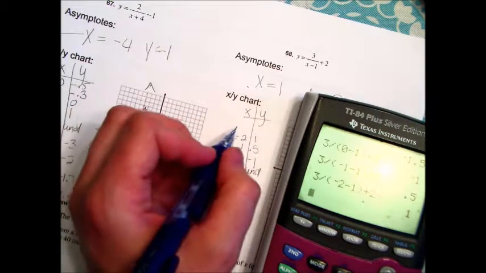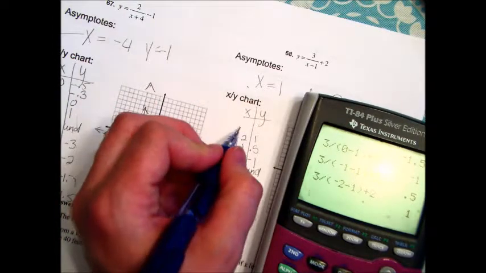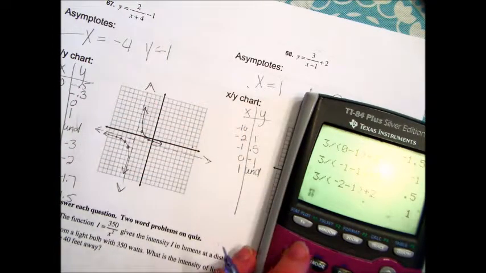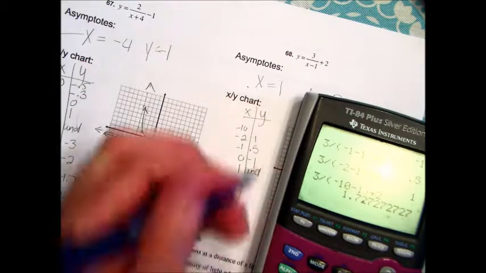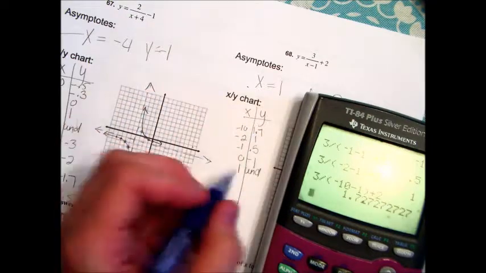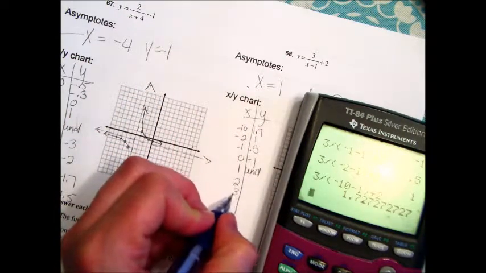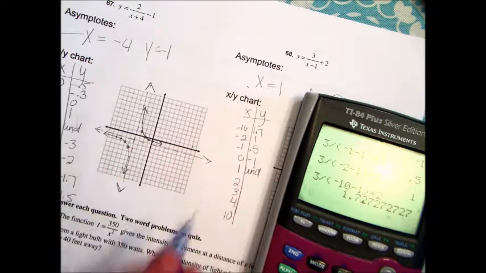1. You know what, why don't we try -10 just to see what it looks like. Positive 1.7. Okay. Let's get 2, 3, and 4 on here, and then let's jump to +10 and see what we get.